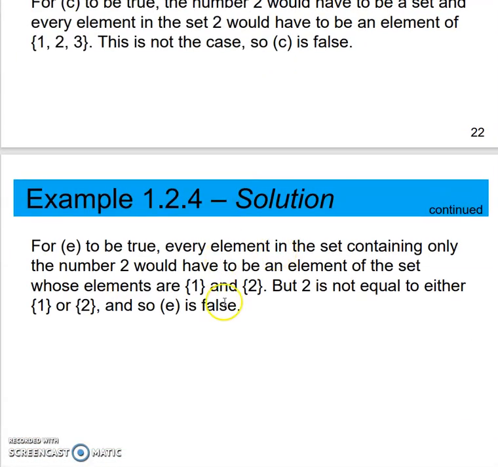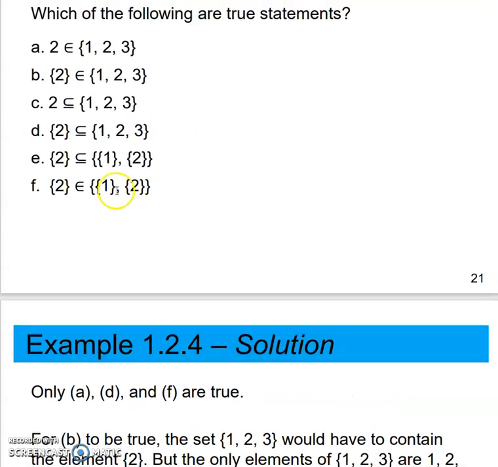Oh, I didn't actually write out the solution to that. The reason E does not work is because we've got sets inside of sets. The reason F is working is you can have that set as an element because my set on the right, those elements are themselves both sets.